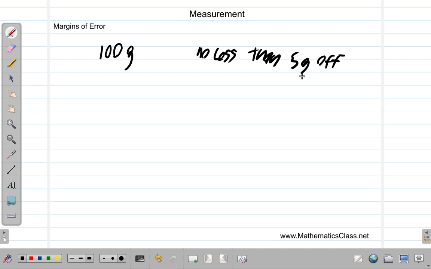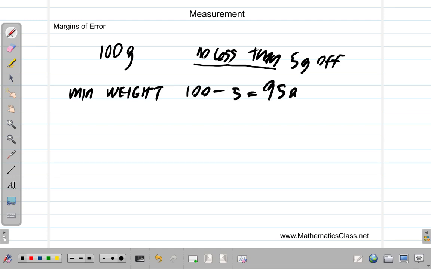In that case, what would be the minimum weight of each bag? No more than 5 grams off. Of course, the minimum weight of each bag would be 100 minus 5, which is 95 grams. So no bag should be less than 95 grams. Alright?